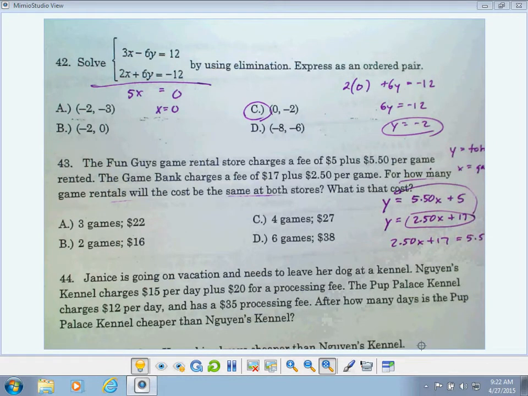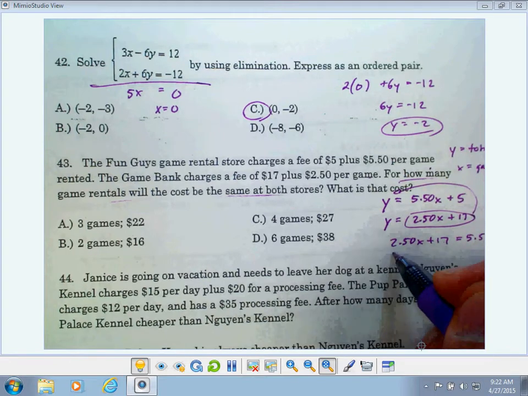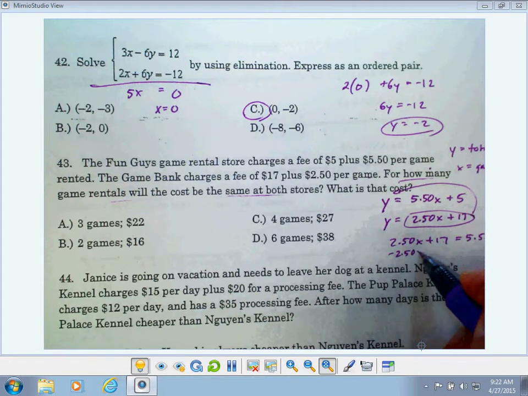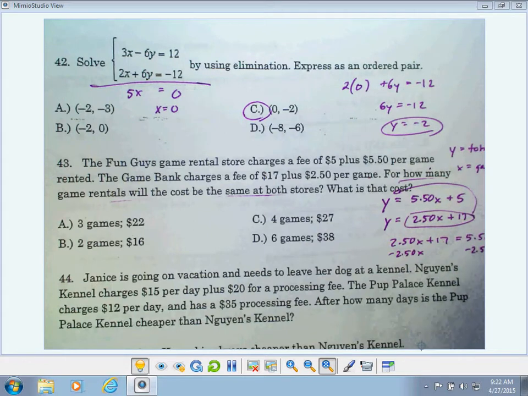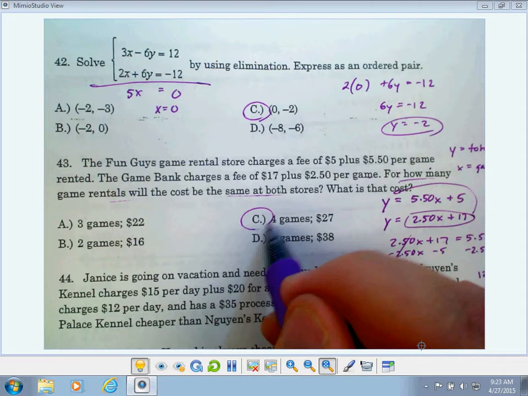You can solve this however you like. I would take 2.50x away from both sides, and I'd probably subtract the 5 from both sides also. So what I get is 12 equals 3x, so x equals 4. So we have our answer already, it's going to be C.